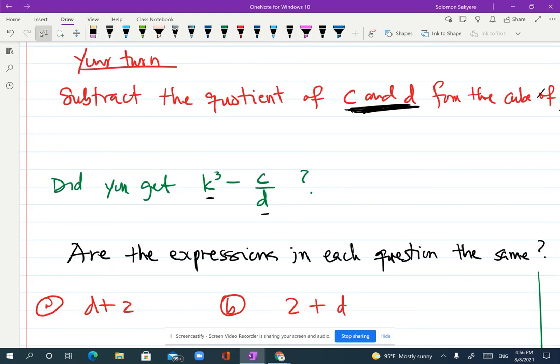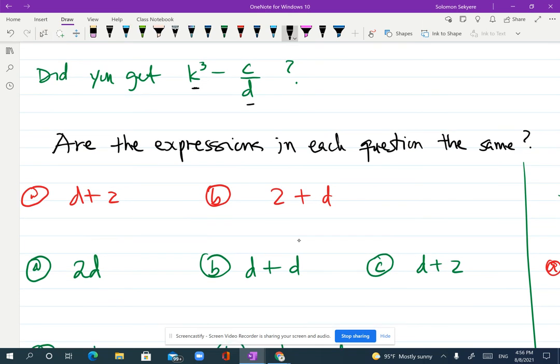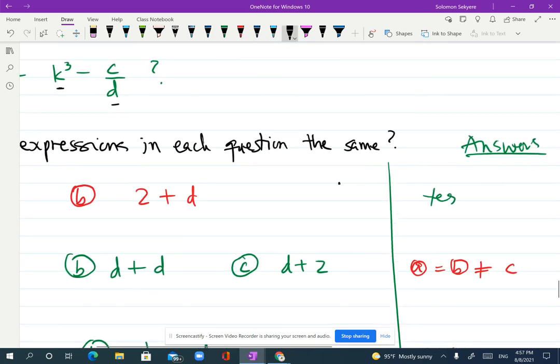All right, are the expressions in each question the same? D plus 2 and 2 plus D is the same, right? 2 plus 3 and 3 plus 2. Are they the same? So your answer to this part here is yes.